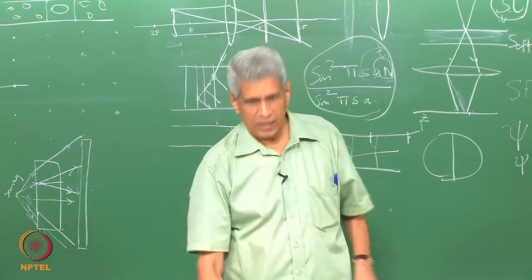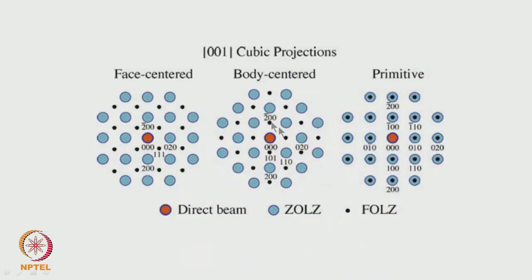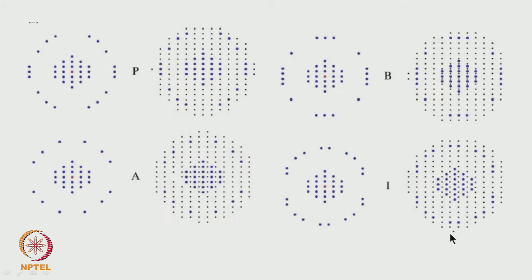Okay. And once this pattern is analyzed, we have the full information about the reciprocal lattice. If you have the information about the reciprocal lattice, you can get that information about the corresponding Bravais lattice. Okay. And this is exactly what is being shown. This is how the diffraction pattern looks, what you get.